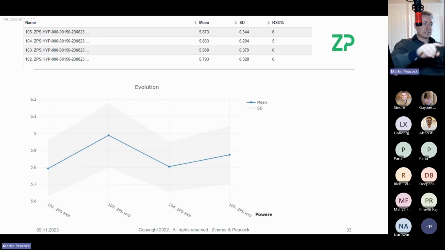You could criticize this, but this is like 5.8, this is 6, then 5.8 again, and then approximately 5.9-ish. The visualization really helps us to see if we've got a drift across our manufacturing run, but we don't necessarily have one.